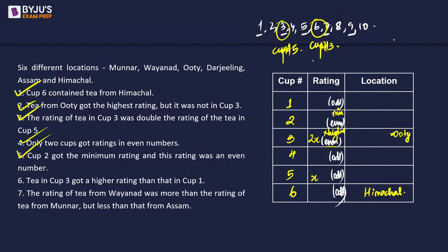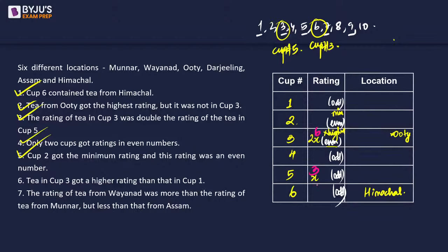The next possibility is Cup number 3 is going to be 2. Then Cup number 5 is going to be 1. So if Cup number 5 turns out to be 1, then Cup number 2, which is minimum, will not make sense. So out of all the possibilities that Cup number 3 and 5 can take, there is only one that they will take. Cup number 5 turns out to be 3 and Cup number 3 turns out to be 2 into 3, which is 6.